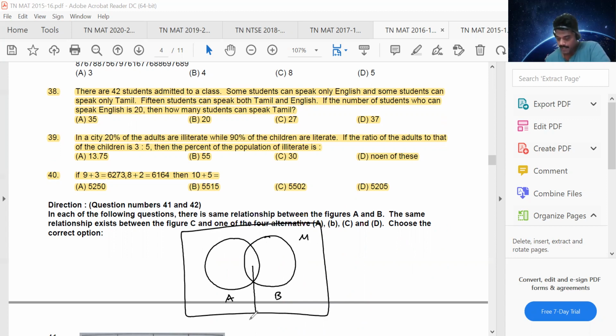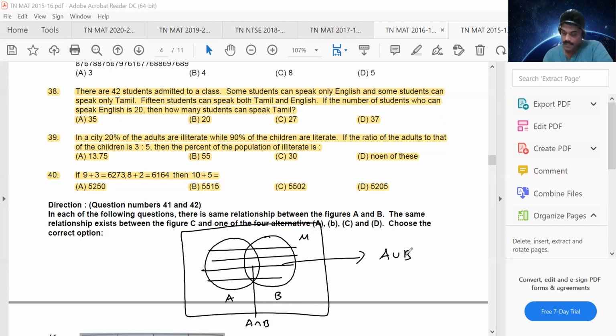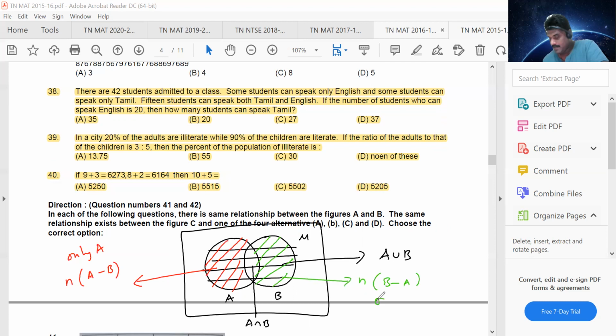This particular region represents A intersection B. This entire thing over here represents A union B. And this reddish part over here is called n of A minus B, or you can say only A. And this greenery over here that you see is called n of B minus A, that is nothing but only B. Right? So this is related to your sets topic.